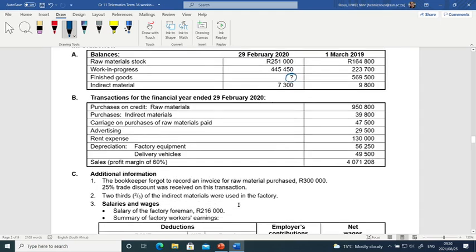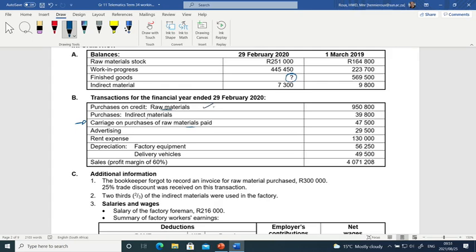We've already written in the balances. Now they give us the transactions for the year ended. Purchases on credit of raw materials. I purchased raw materials on credit. There's the indirect materials purchased, and here is the carriage on purchases of raw materials.